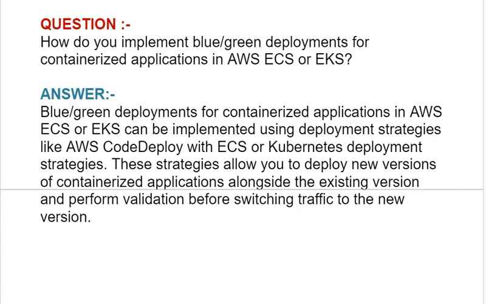Our interview question based on AWS DOP is: how do you implement blue-green deployments for containerized applications in AWS, ECS, or EKS? Your answer should be: blue-green deployments for containerized applications in AWS, ECS, or EKS can be implemented using deployment strategies like AWS CodeDeploy with ECS or Kubernetes deployment strategies.